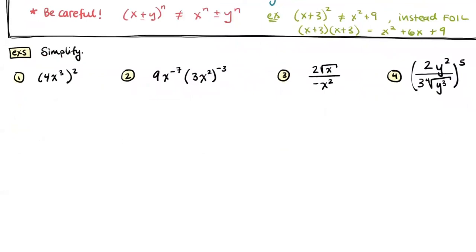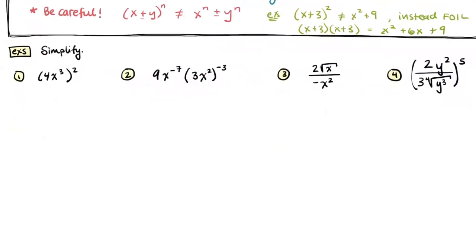To simplify this, we could notate this, and I don't have to write this out, but just so you can see where it's coming from, we're going to raise the 4 to the second power, and then we're also going to raise the x cubed to the second power. Each of the things within the product here get raised to the second.